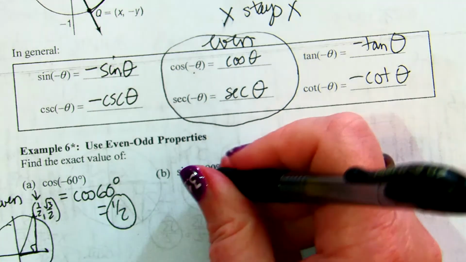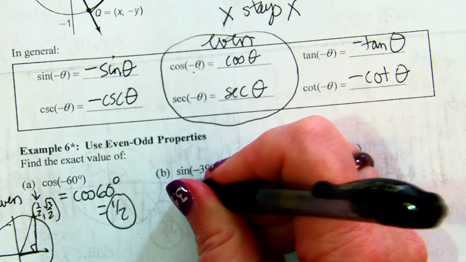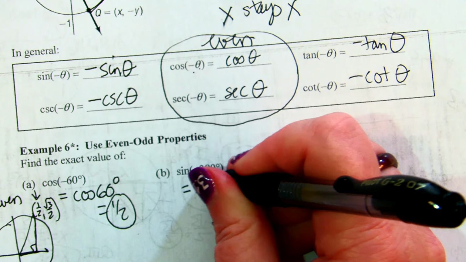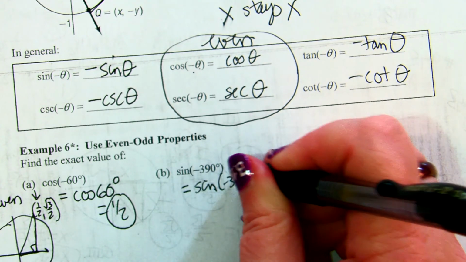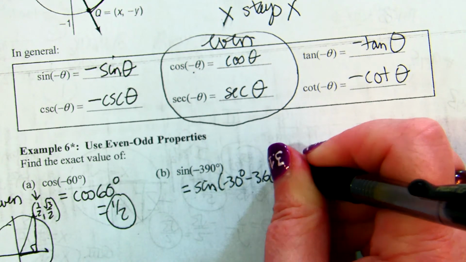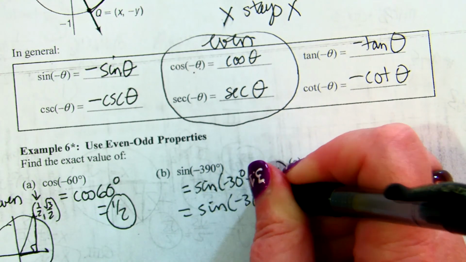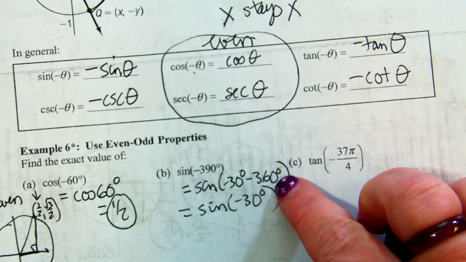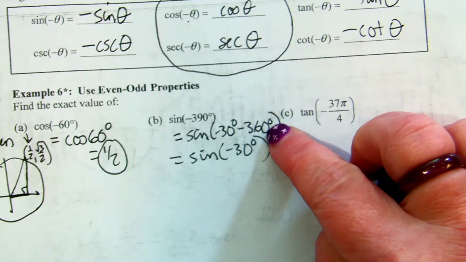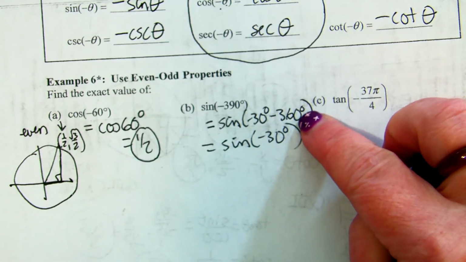Sine of negative 390 equals sine of negative 30 minus 360 degrees, which is the sine of negative 30 degrees, because you can add or subtract 360 at any time and have a coterminal angle that ends in the exact same place.